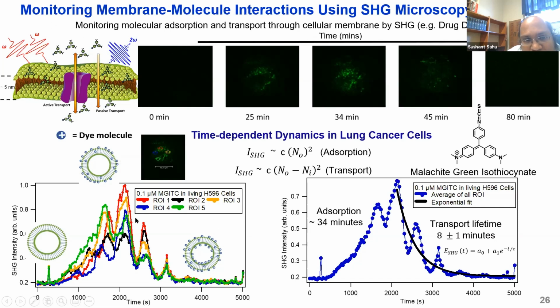And what happens is that as the dye molecules translocate through this lipid bilayer membrane, so this distance is just about 5 nanometers, a very small distance, and then when they go to the other side, they get aligned again opposite to the orientation on the outer surface.